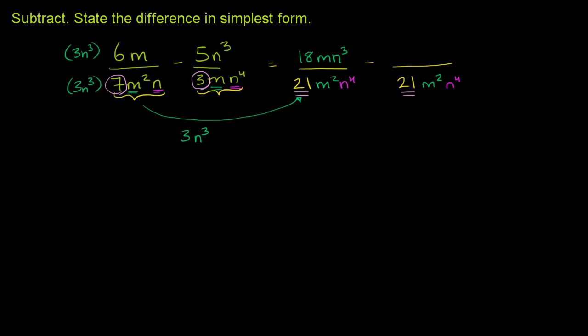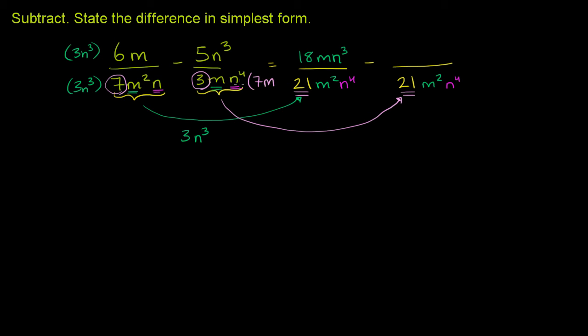Now let's do it with the second term, the thing that we're subtracting from this first rational expression. To get from 3m to that, what did we have to do? To get from a 3 to 21, you had to multiply it by a 7. And to get from an m to an m squared, you had to multiply it by an m.